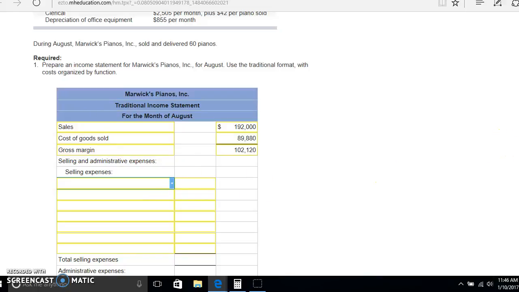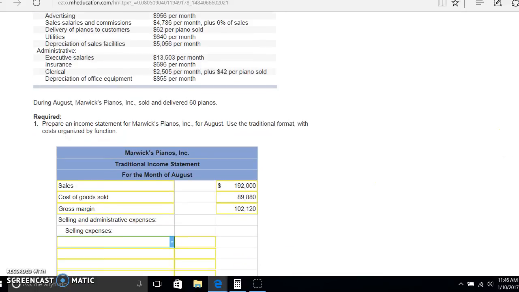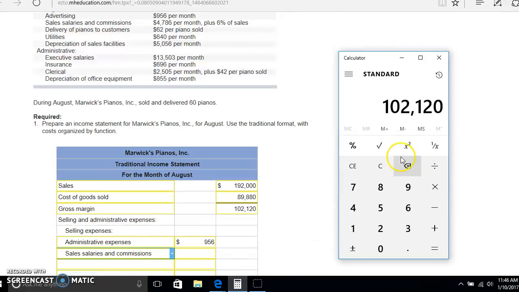And they laid this out for us up here. So advertising, let's see if I can keep it all on the same page. Advertising was $956 per month. Sales salaries and commission. So this one we're going to do a little calculation because it says 6% of sales plus a flat fee of $47.86.